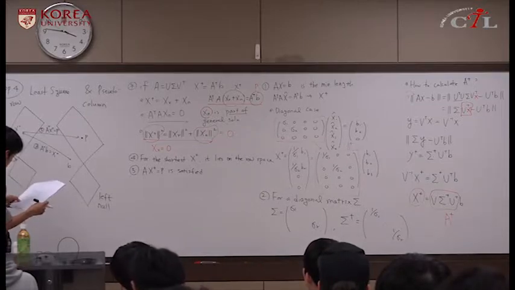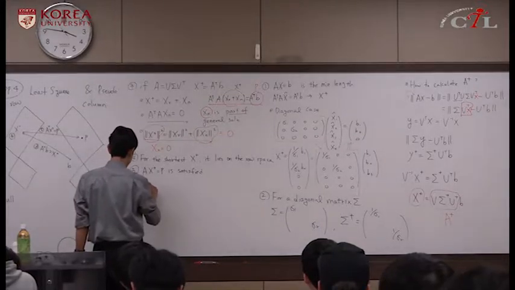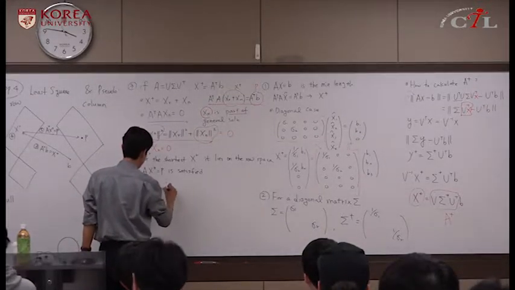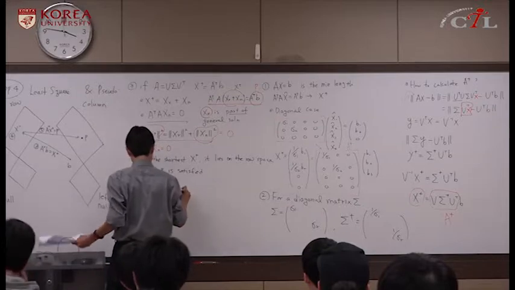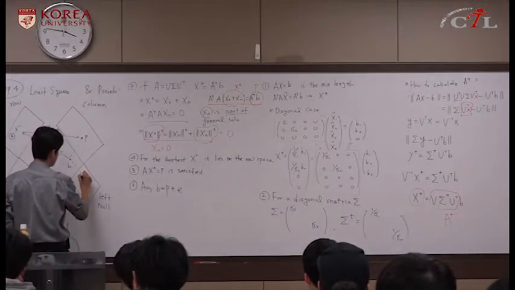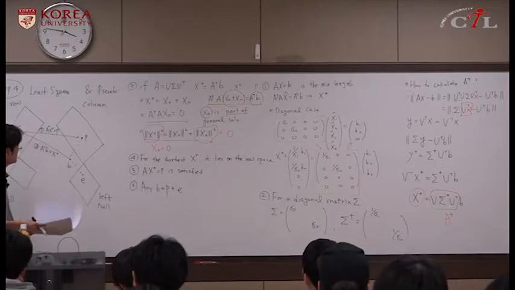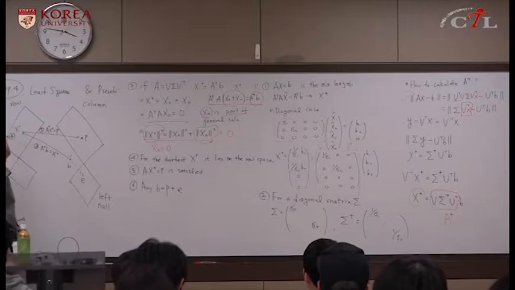Number 6 is any B is P plus E. Any B is combination of P plus left null component in case B is not on column space.